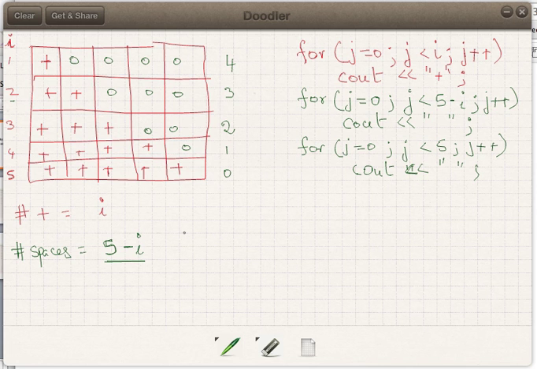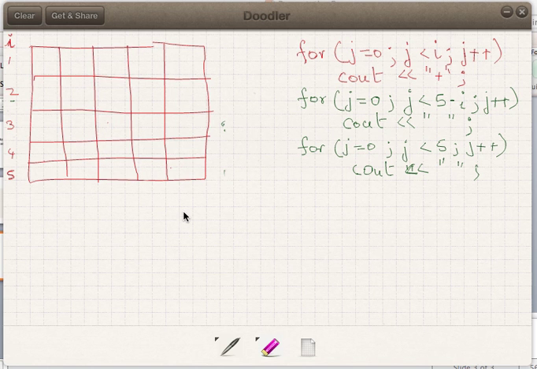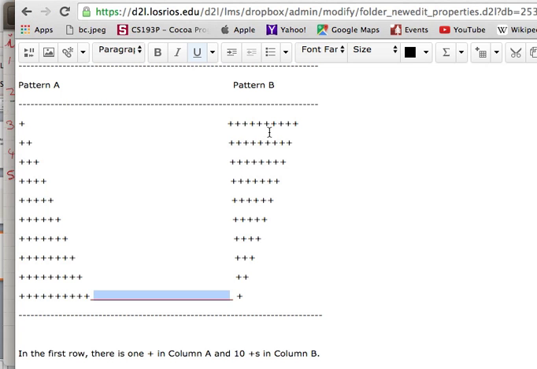And then let me copy this to a PowerPoint. Now we are done with this. We're going to talk about the other one. Let me erase these pluses here. Now we are going to talk about column B, the pattern B, okay?